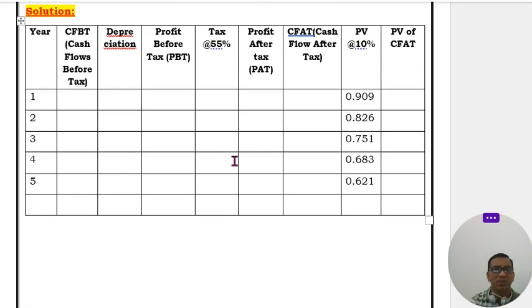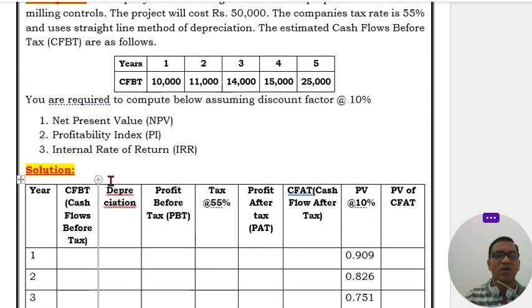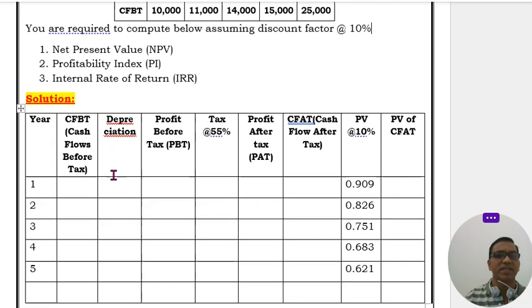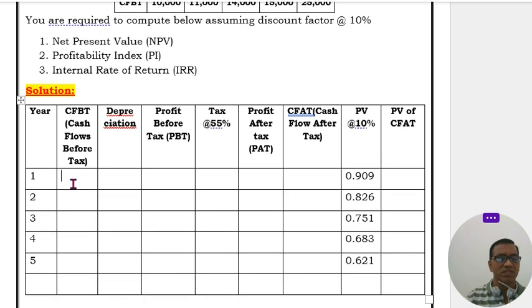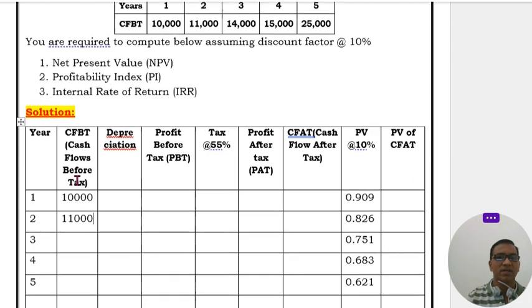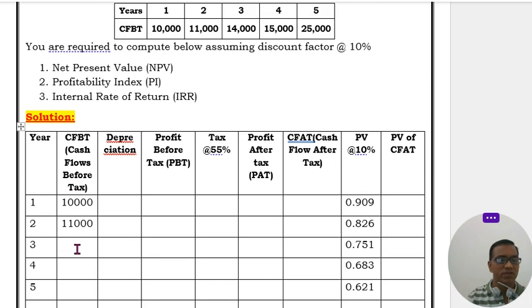This is the table I prepared. See, 5 years, and what they gave in the question, CFBT: 10,000, 11,000, 11,000, 14,000, 15,000, 25,000.